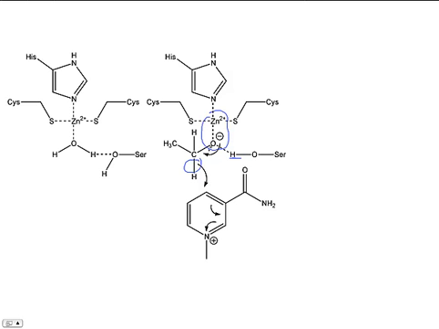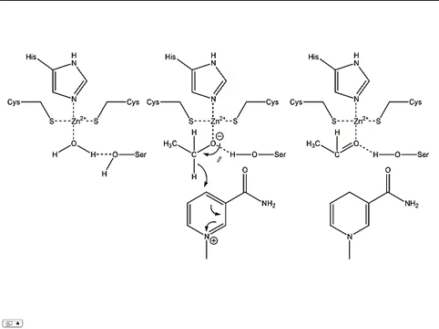The next thing that will happen is that the carbon would bear a positive charge, but to prevent that from occurring, the electrons from the oxygen are able to move down to form a carbon-oxygen double bond, as we see in the final part of the mechanism here.